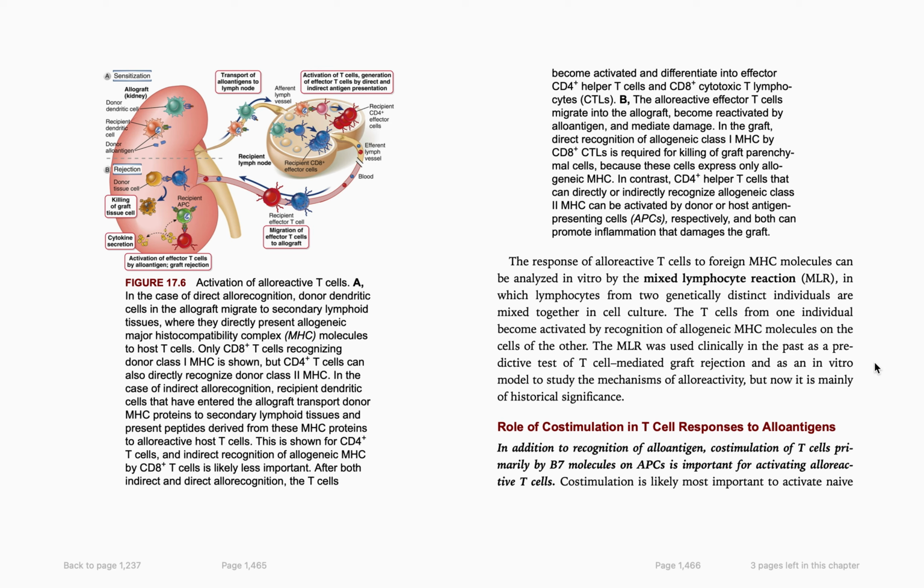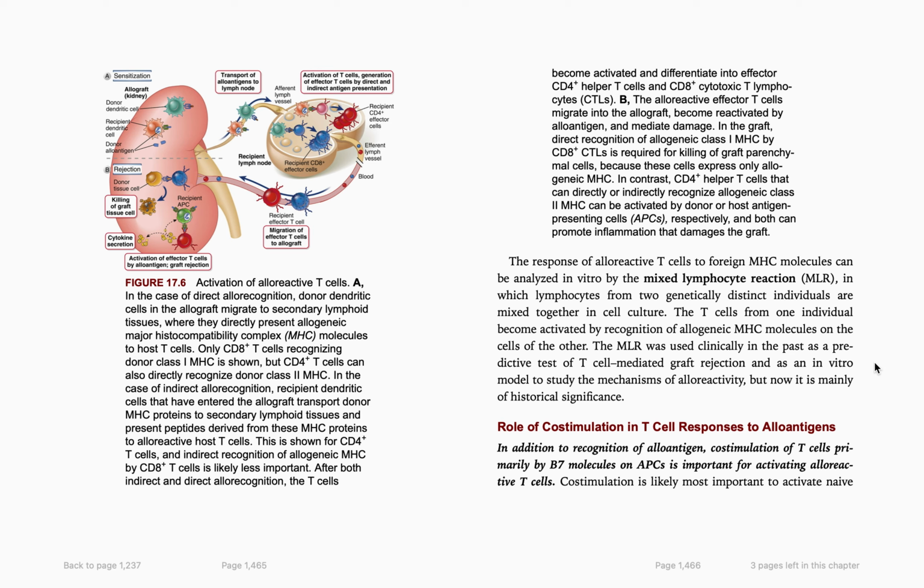The mixed lymphocyte reaction was used clinically in the past as a predictive test of T cell mediated graft rejection and as an in vitro model to study the mechanism of alloreactivity, but now it is mainly of historical significance.